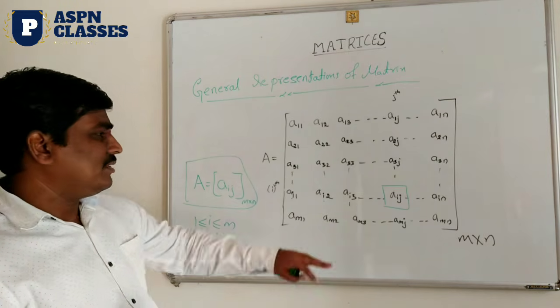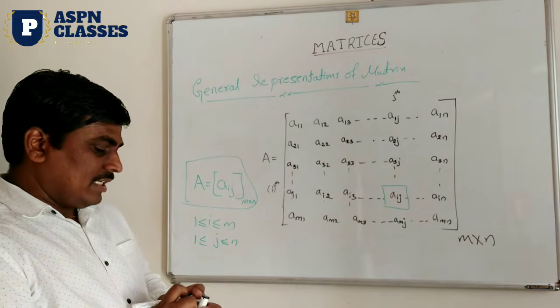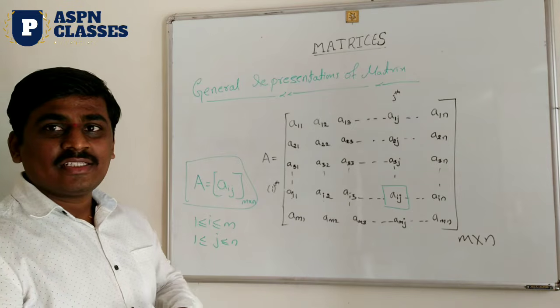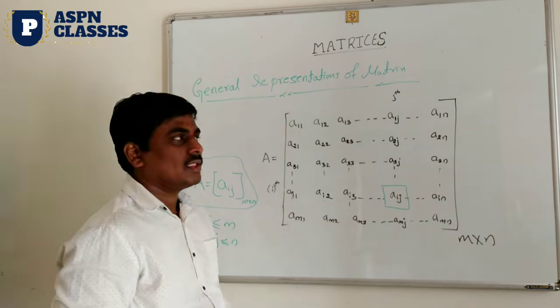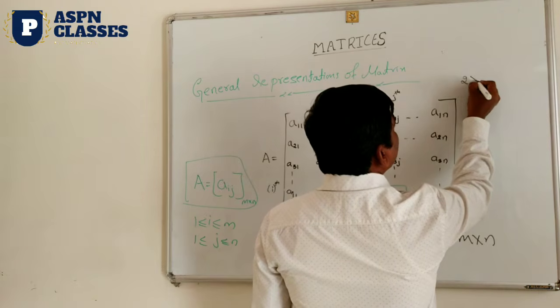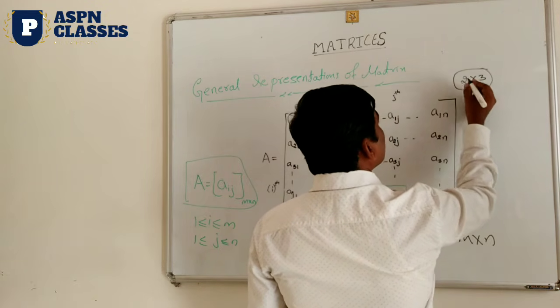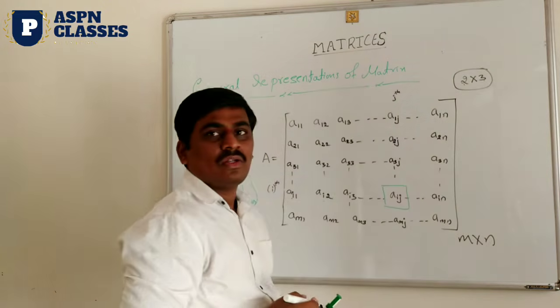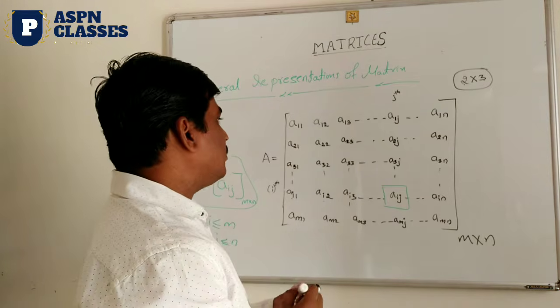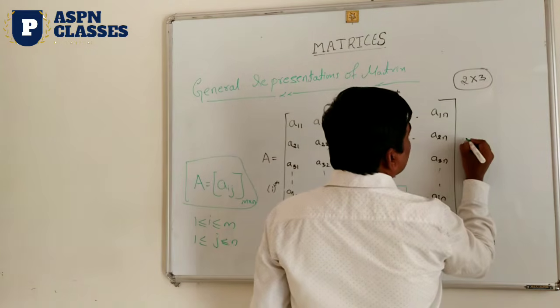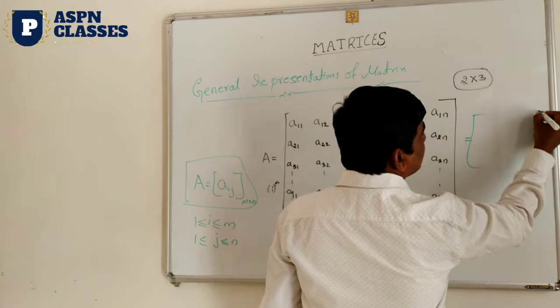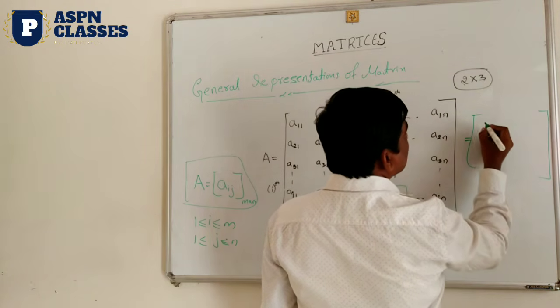Sometimes they also give the question: construct the matrix 2 into 3. What does this mean? 2 rows and 3 columns. So I will write it here.